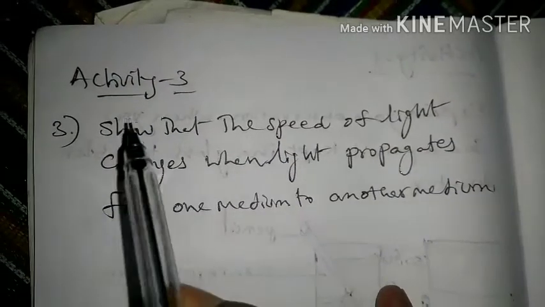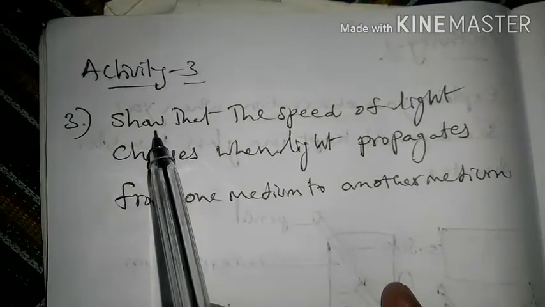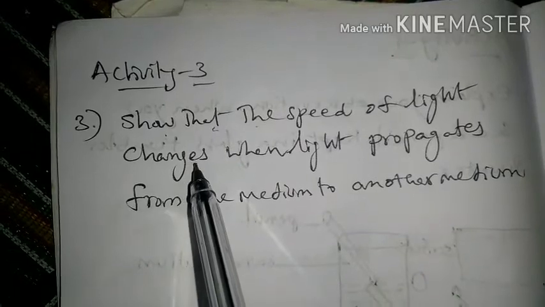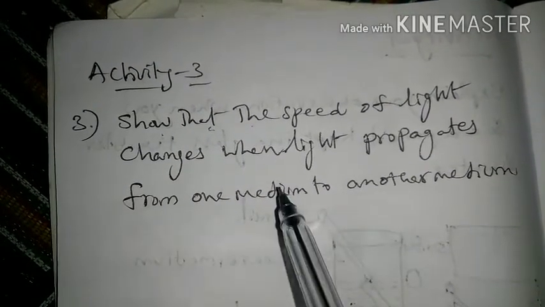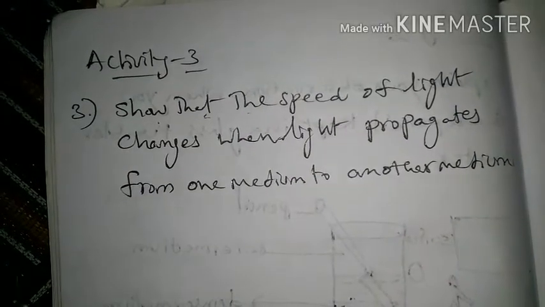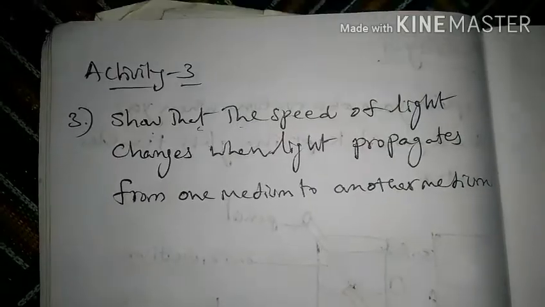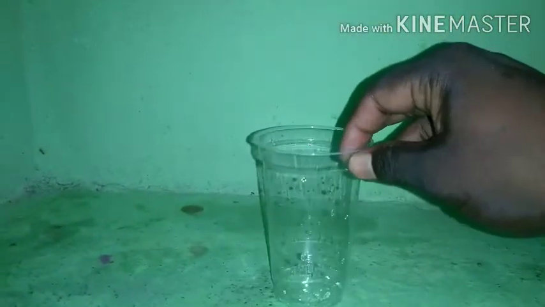Next, activity 3. Question number 3: show that the speed of light changes when light propagates from one medium to another medium. This is the question. In this activity, take a plastic glass.